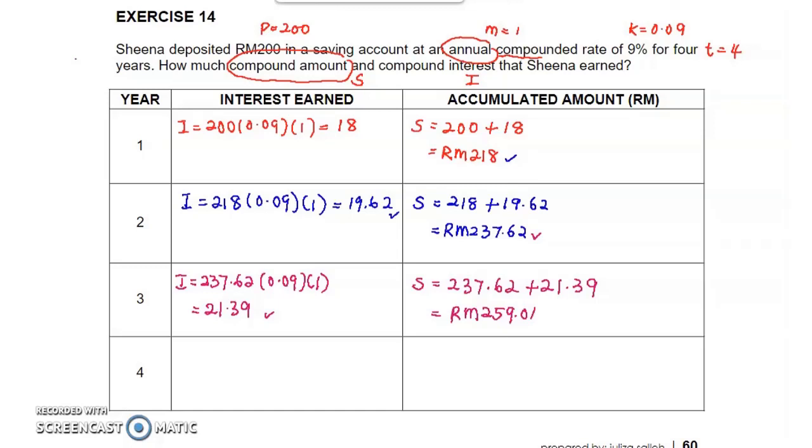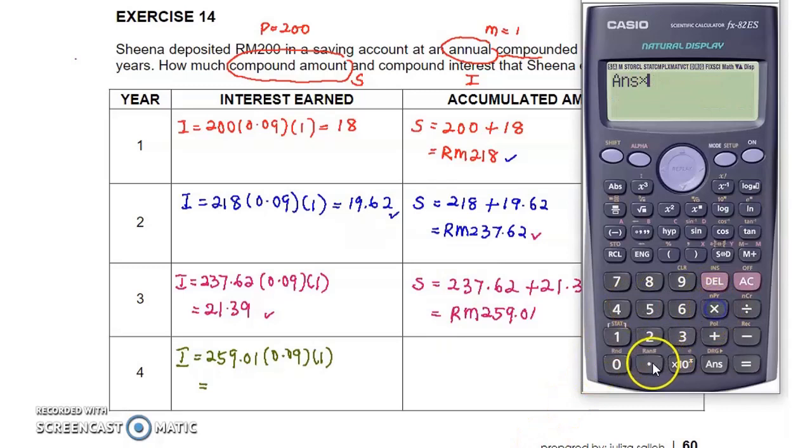In order to calculate the interest, 259.01 times 9% times 1. The interest in the fourth year is 23.31.